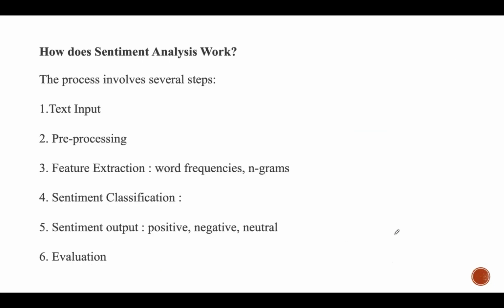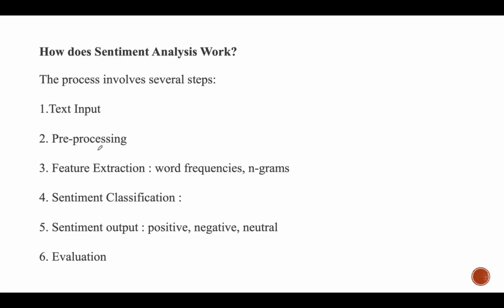Okay, so let us see the working process of sentiment analysis. First, we are taking text input. The process always begins with input of the text data. It can be a social media post, customer reviews, news articles, or any other textual content. And the second one is pre-processing.